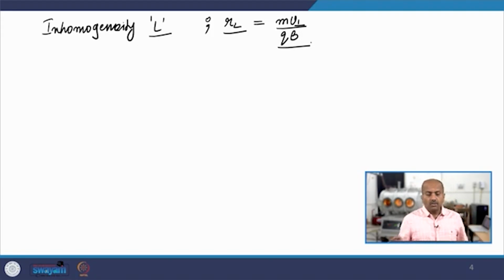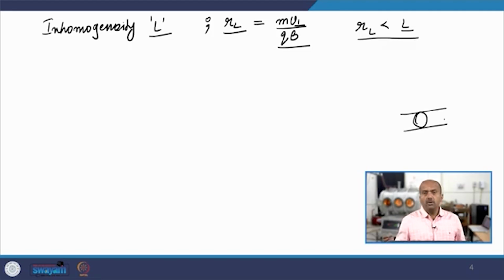So, in order to match these two things, we will say that RL, the length scale over which one particle gyrates, will be much less than the capital L. If L is the length of inhomogeneity, so RL will be much less than L. That means, as long as the particle is gyrating in a single orbit, the magnetic field can be assumed to be a constant within that gyration length or the diameter. So, this is one important assumption that we make in order to proceed further.